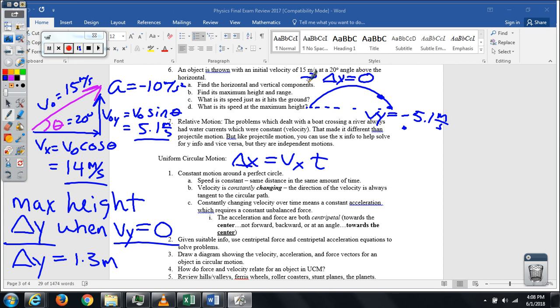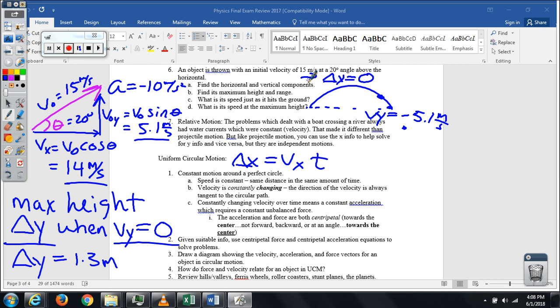It depends on what equation you like to use. It's the preference that you might have, because there's many different ways, depending on the information that you're given, to approach a problem. So you just have to show that you can do it one of those ways.